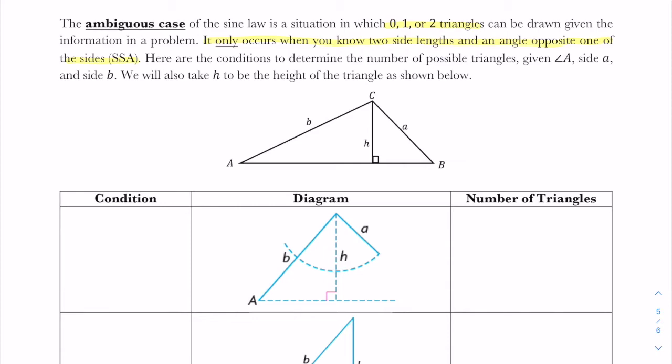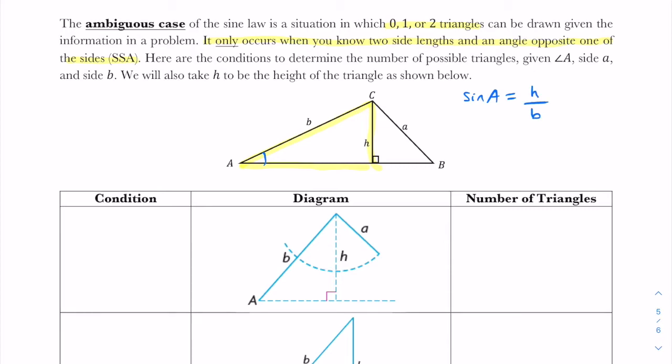Please look at the triangle that I'm highlighting below, and for that triangle, we're going to come up with an expression for the height. If you come up with an expression for the sine of angle A, that's just opposite over hypotenuse, which is equivalent to h over b.